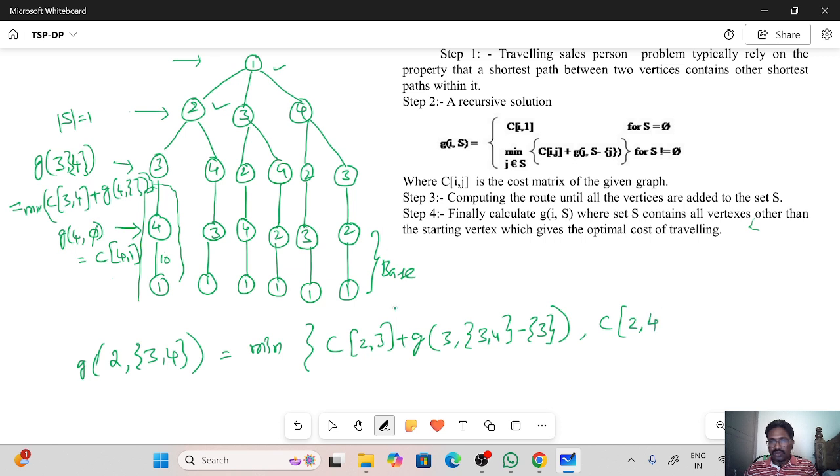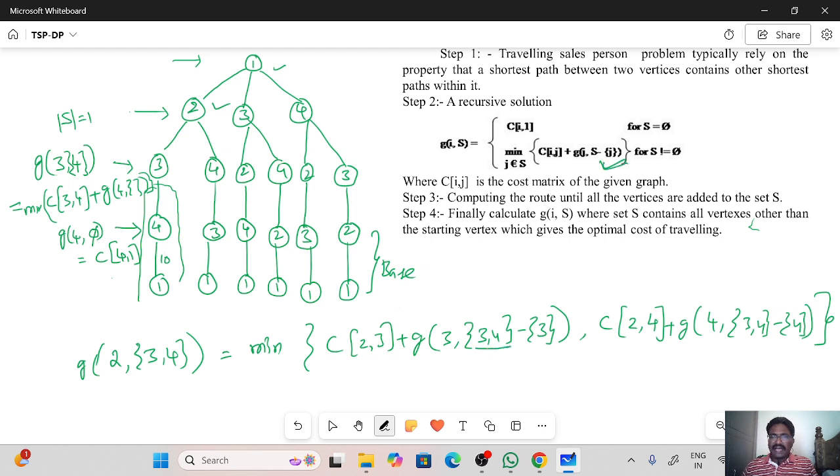So the 2 to 4 cost plus the overall cost at that node, which is given by g of 4 with the set 3, 4, from which we remove the vertex visited now, 4, and which vertex do you want to visit in future? 3. Whichever is minimum, that we are going to consider. So this is our recursive equation.